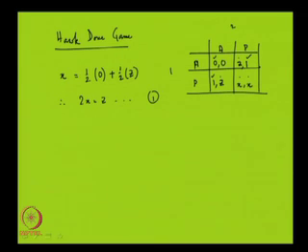Each player is indifferent also between the outcome in which she is passive and the other player is aggressive. So, if I am passive and the other player is aggressive, I get 1.